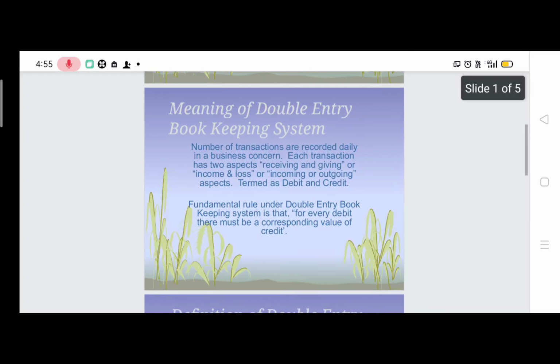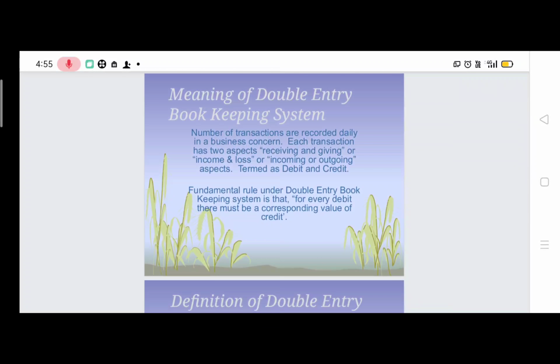If you are talking about the meaning of the double entry system, the transactions, the business activities which we are recording in the books of accounts, have two aspects. Every activity, every transaction we are recording has two aspects. Either it will be receiving or giving. We can also call it the income to the company or the loss to the company.